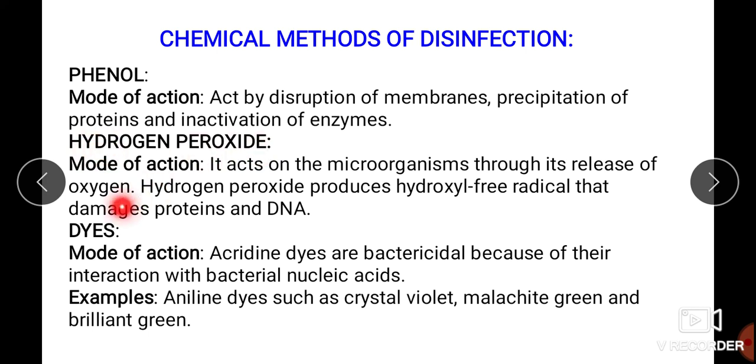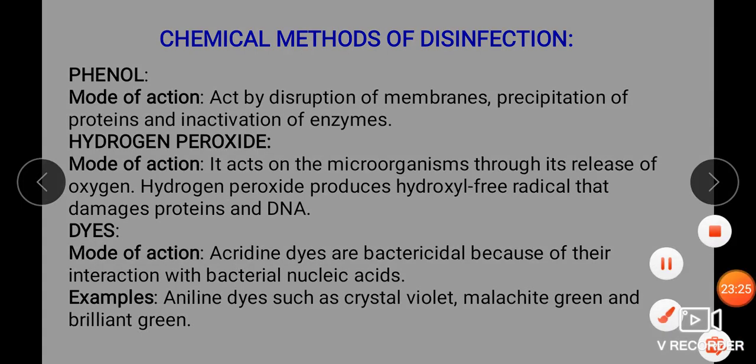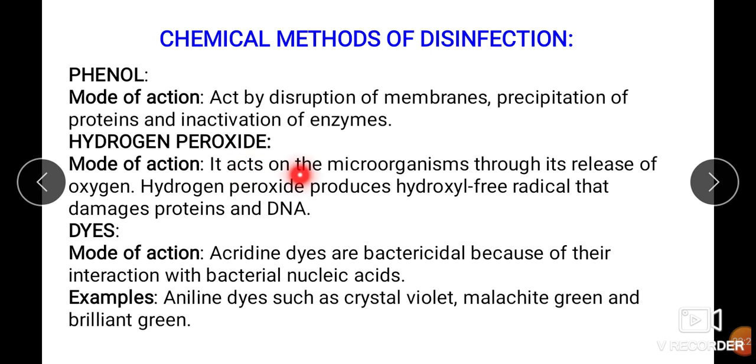The next chemical is hydrogen peroxide. Hydrogen peroxide is a strong oxidizing agent and it oxidizes the microorganism so that the organism gets killed. It releases nascent oxygen, which damages proteins and DNA, so the organism gets killed.